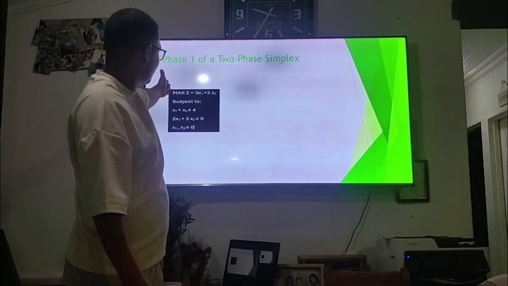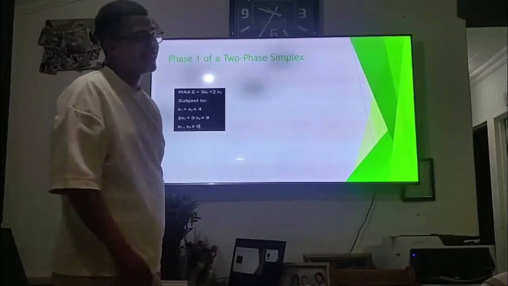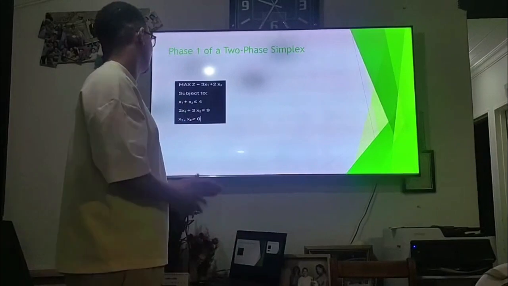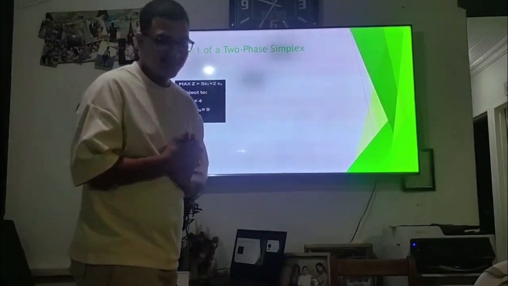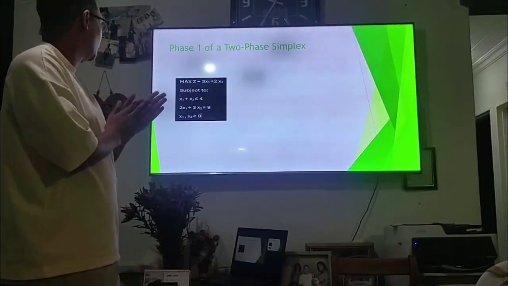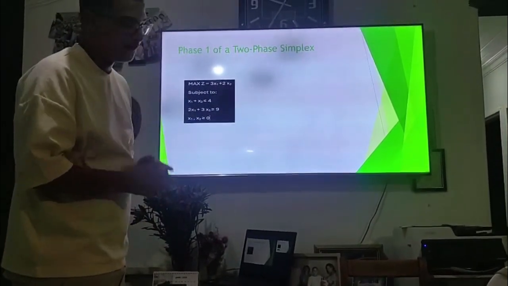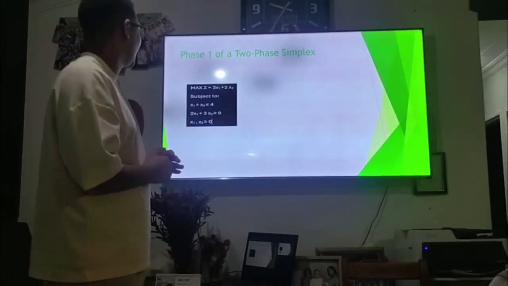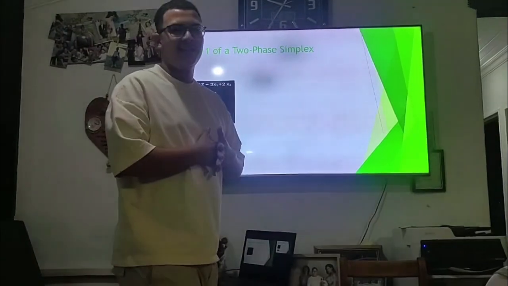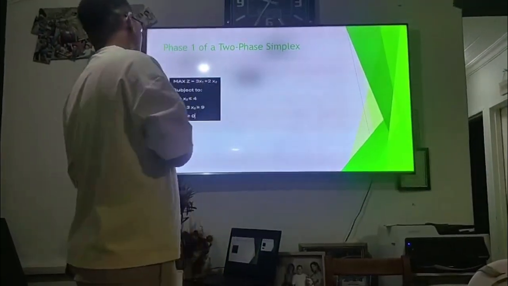Our objective function is 3x1 plus 2x2, subject to two constraints. Our first constraint is x1 plus x2 is less than or equal to 4, and our second constraint is 2x1 plus 3x2 is greater than or equal to 9. Then x1 and x2 must be greater than or equal to 0, which just means we don't have any unrestricted variables in our LP.